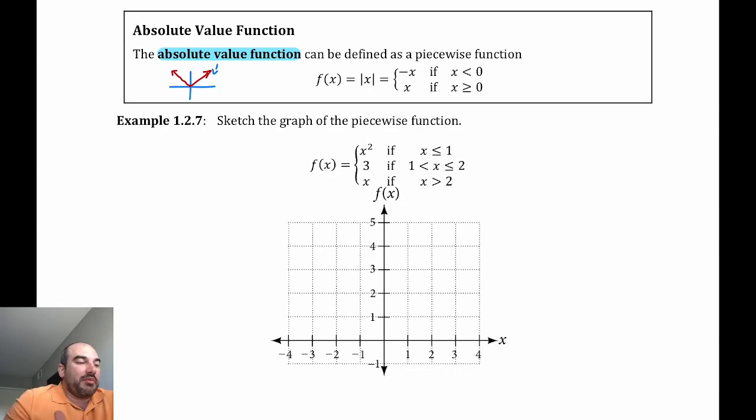If you plug in a negative number, what does it do to it? Turns it positive. How do you think it can turn it positive? Because it's easy to say turns it positive, but mathematically, how would we show that? How would we actually turn a number positive mathematically? By doing what to it?